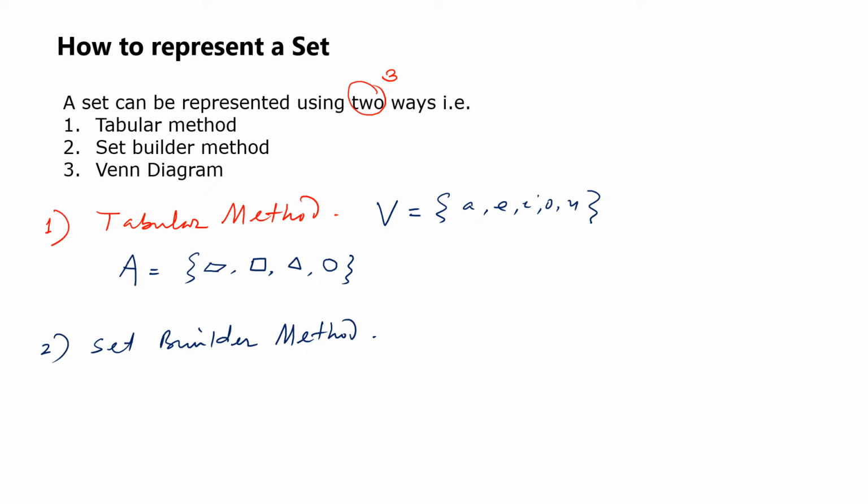For example, if I want to define this set of vowels, what will I write? V is equal to, I start the curly braces, set of all x such that, give a such that, or you may give a colon. Set of all x such that x is a vowel in the English alphabet.